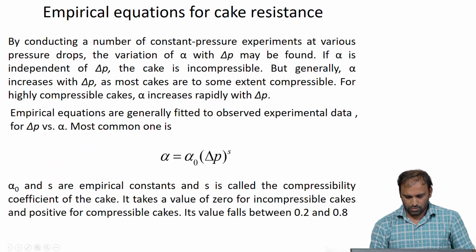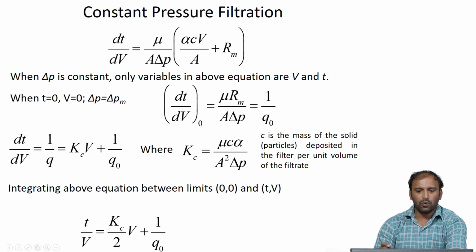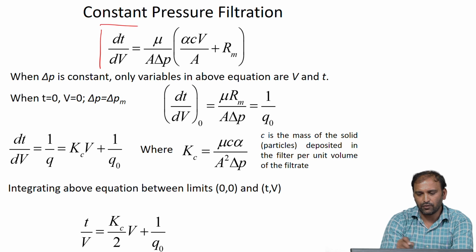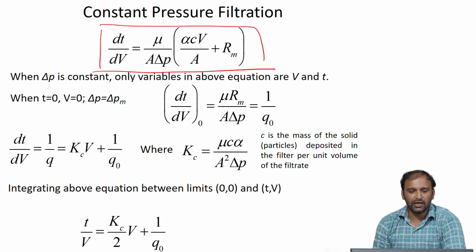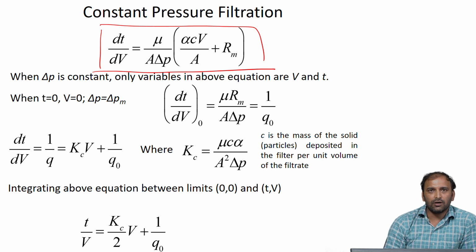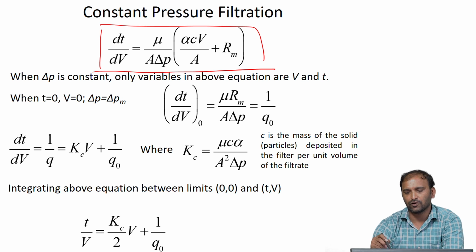Now I think I have an equation in a particular form, which I can further reduce to suit the need. We were talking about constant pressure filtration and constant rate filtration.